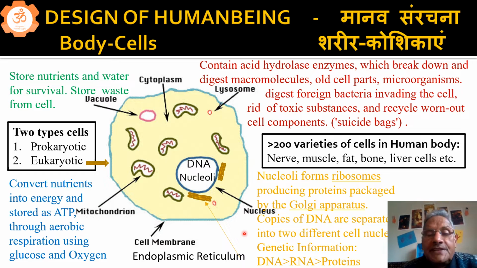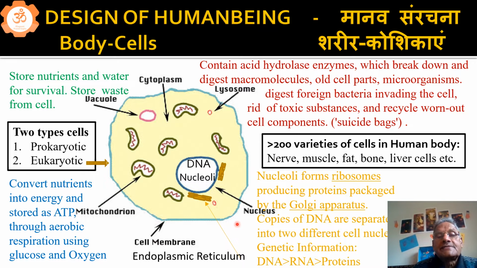So in this way you see that the nucleus has DNA, and they also produce different types of proteins, and that is attached with the endoplasmic reticulum. These are packaged by the Golgi apparatus.